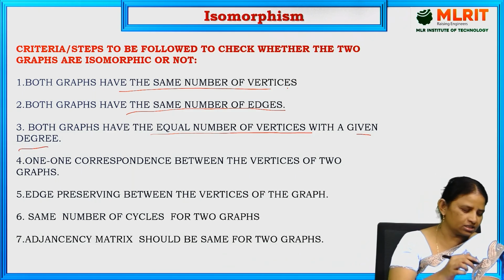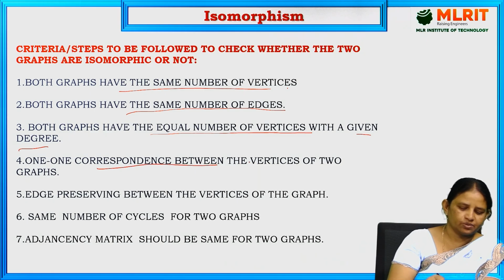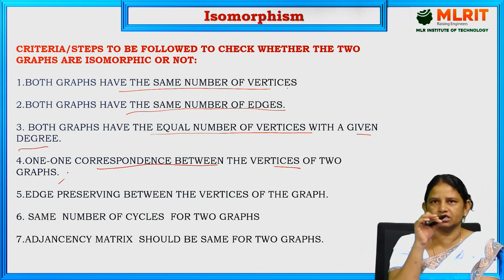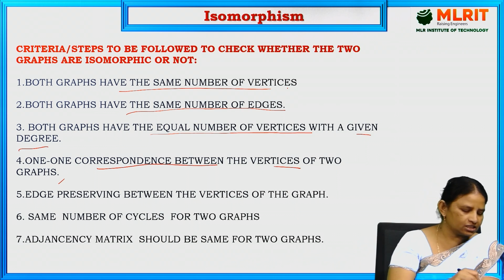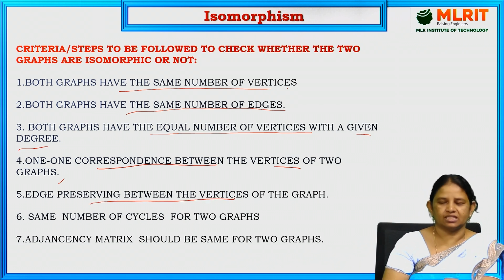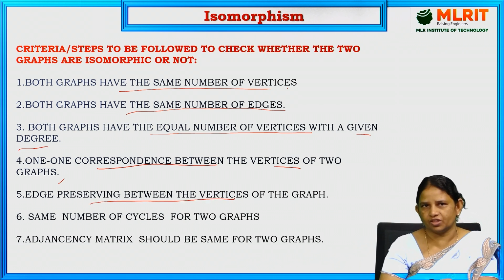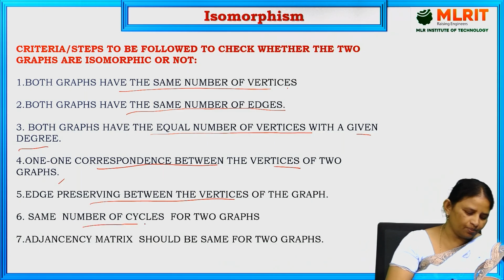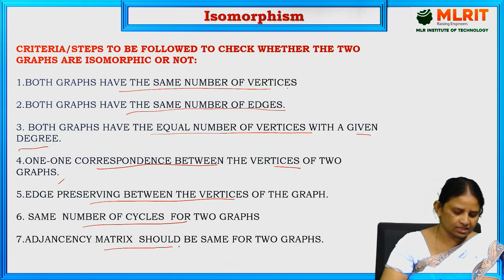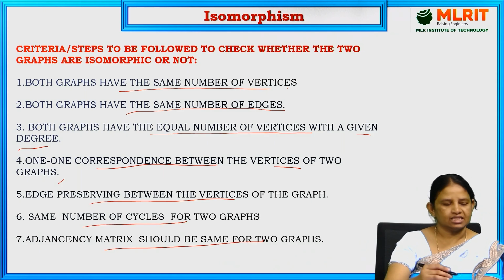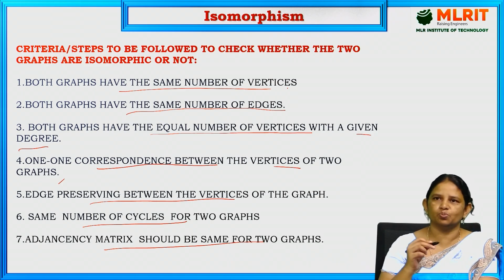Fourth is a one-to-one correspondence between the vertices of the two graphs. Edge preserving should be present between the vertices of the graph, and also the same number of cycles and the same adjacency matrix. These are the 7 conditions that should be satisfied.